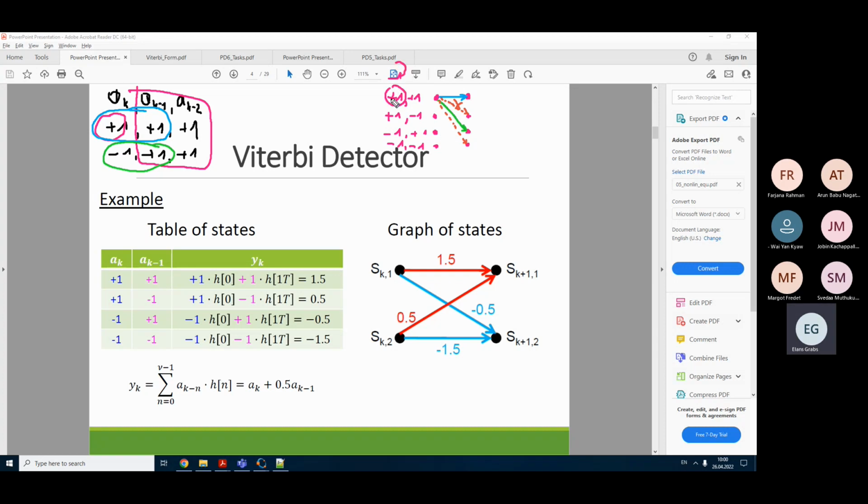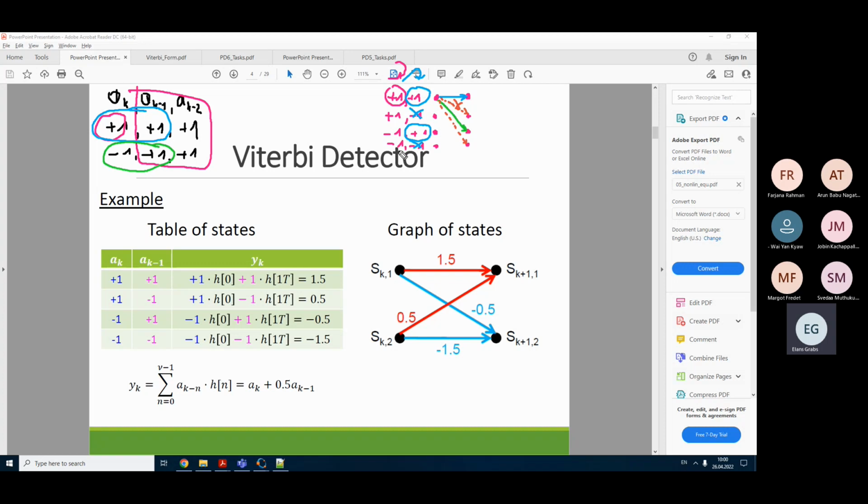It cannot change. This symbol is already fixed as +1, and as a fact, we will always end up either in this state or in this state, because it depends on this symbol, which will be shifted by 1 position, and which is already +1. So it is impossible for it to change to -1.